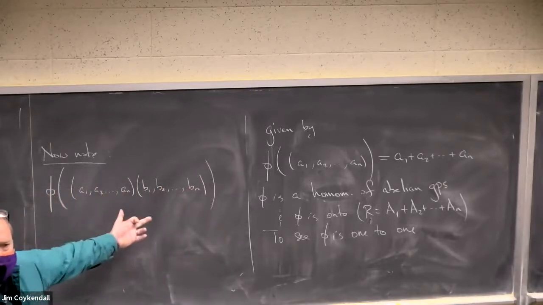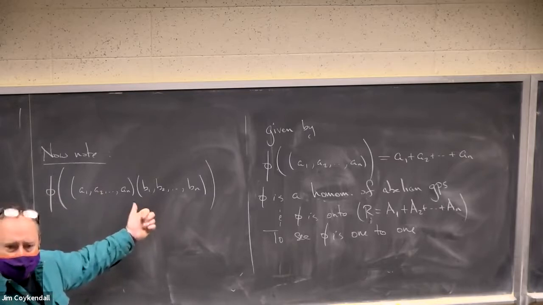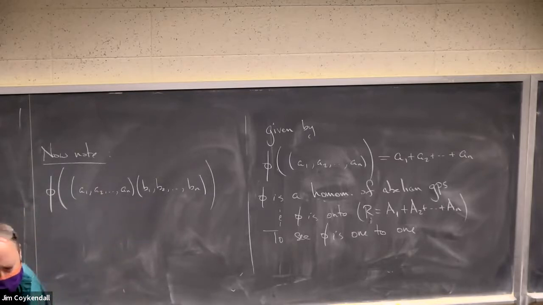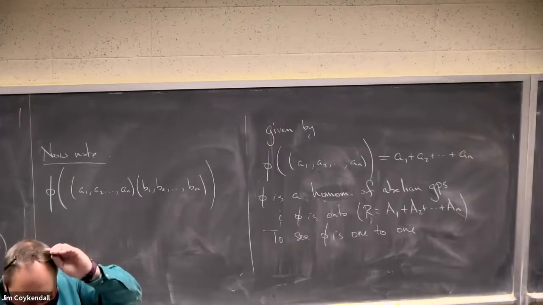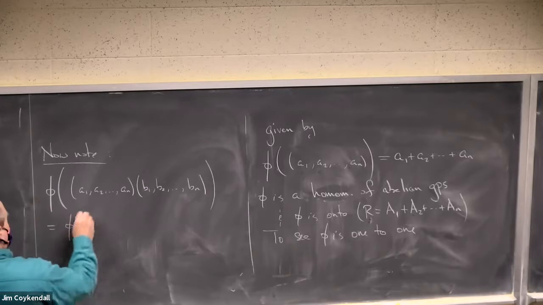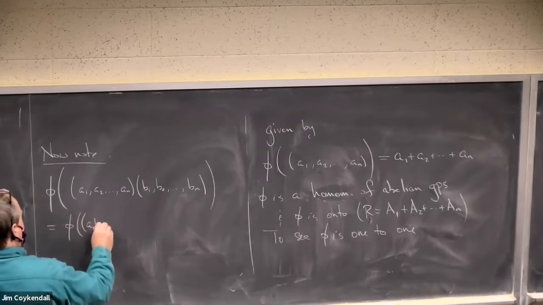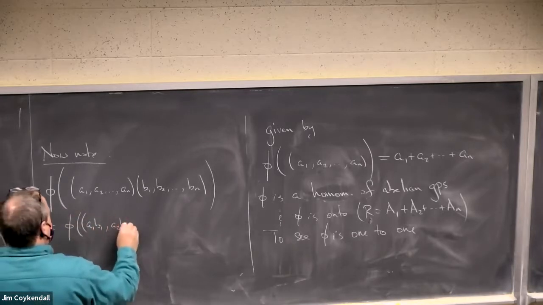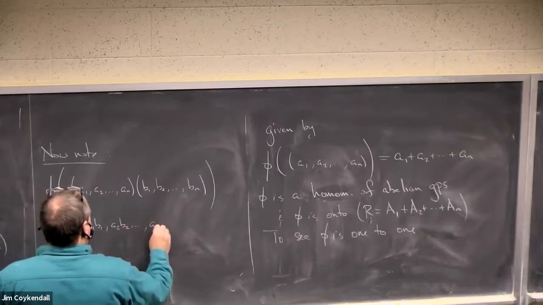I hope my notation is suggestive enough. Each a_i and each b_i is in capital A_i. This is equal to the product of (a1, b1), (a2, b2), ..., (an, bn).